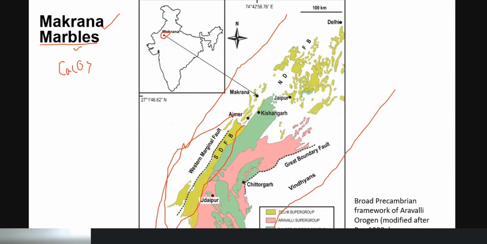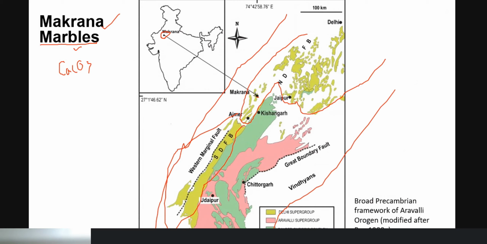Okay, Aravalli hills you have seen. So this is the South Delhi fold belt, this is Ajmer, this is Makrana, and our Makrana marble is from where? It is from the North Delhi terrain.